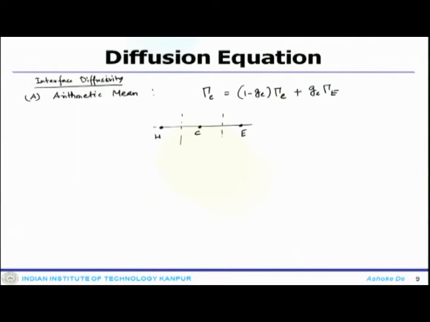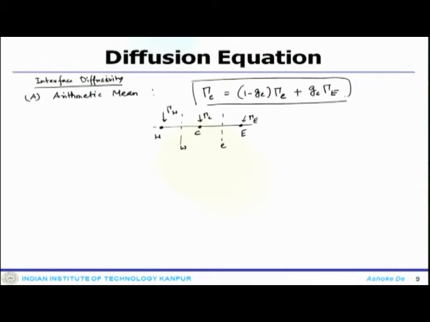So, this is the interface of E, this is the interface of W, and this guy will have gamma E, this guy will have gamma C, this guy will have gamma W.